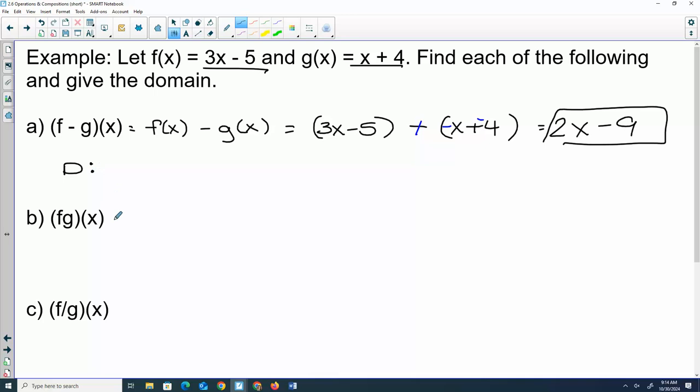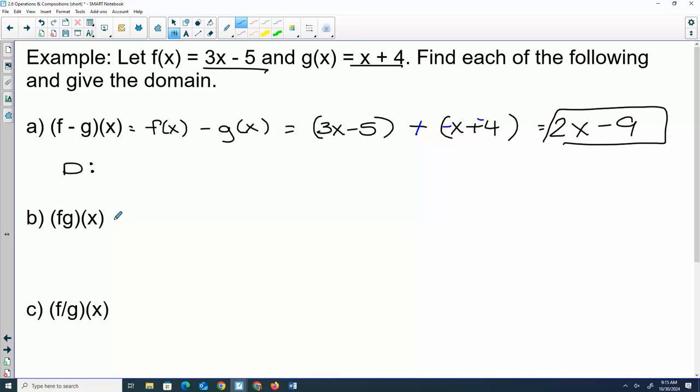If I asked you for the domain of that, remember we talked about domains yesterday. Domain is asking you what can x be? And we had two things to worry about. If you have a fraction, what cannot happen? Right, you can't have 0 on the bottom.